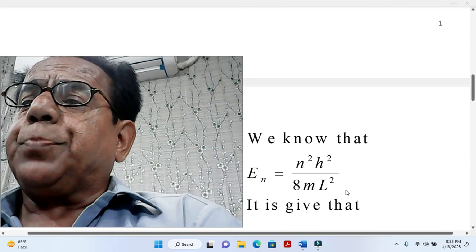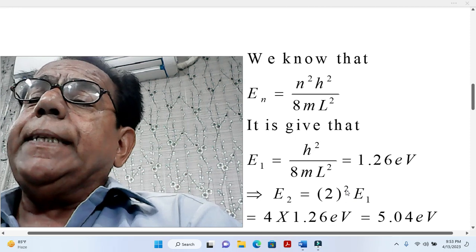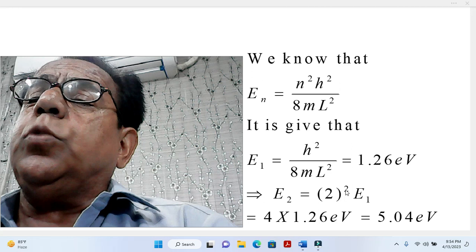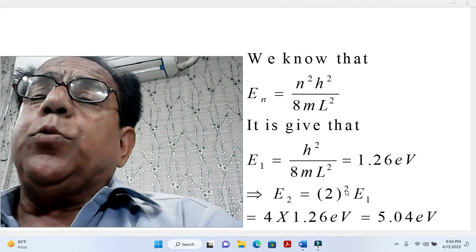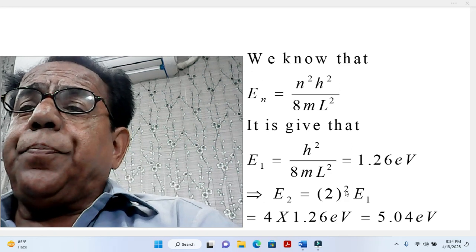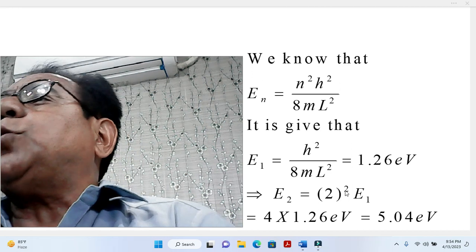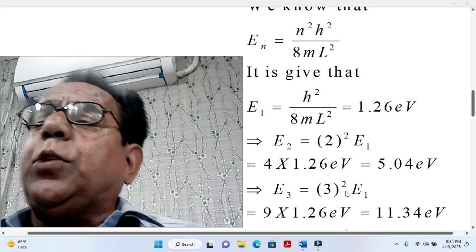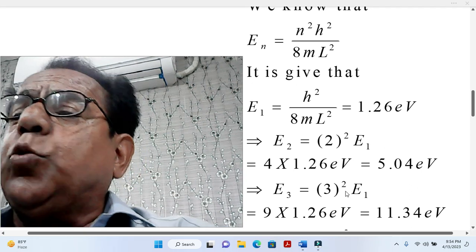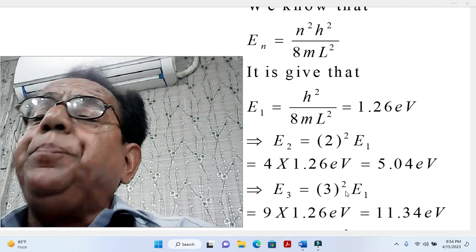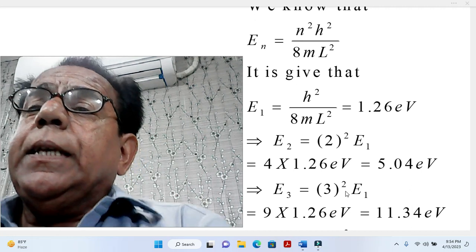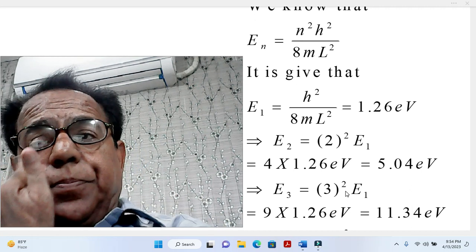We know that En equal to n square h square over 8m capital L square. Only tool number 1, which describes energy levels of a particle in a box. It is given that E1 equal to h square over 8m capital L square equal to 1.26 electron volt. E1 is given, ground state referring to E1.